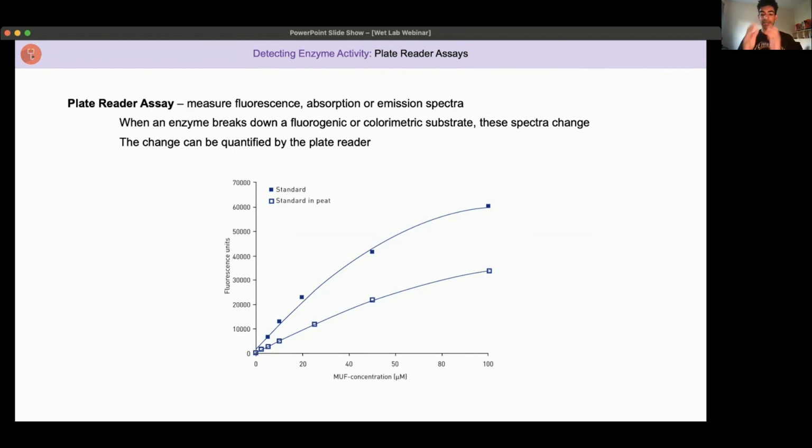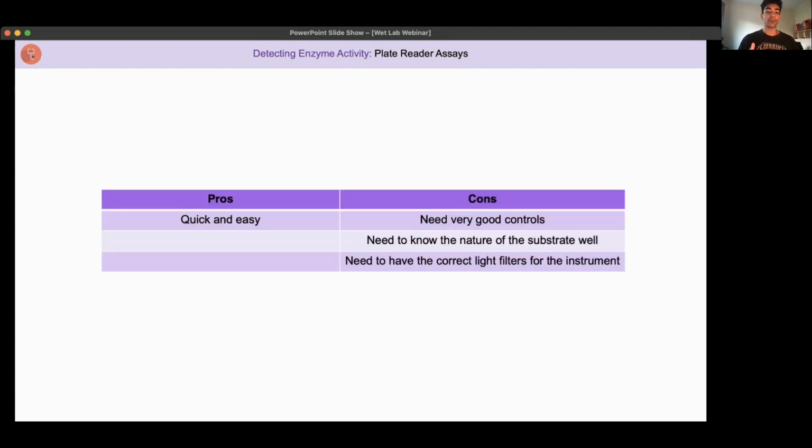So enzyme cleaves substrate, substrate releases a signal, and the signal is detected by something called a plate reader, which can look at fluorescence, it can look at the spectra and quantify it. So again, very quantitative. And this is what's always used to look at the enzyme activity. There's a couple of other methods, but we're not going to go into them right now. And the pros are it's quick and easy.